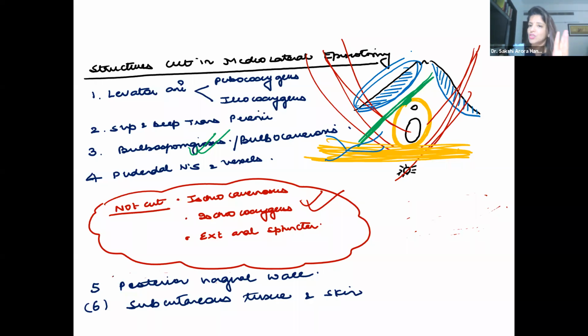So these are three structures which are never cut when you give an episiotomy. If you remember the name of the muscles which are cut, well and good. If you cannot remember them, remember the ones which are not cut: the ones whose name begins with ischio, ischiocavernosus and ischio-coccygeus, right?